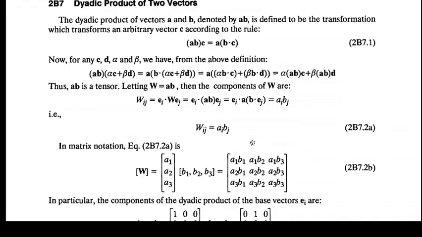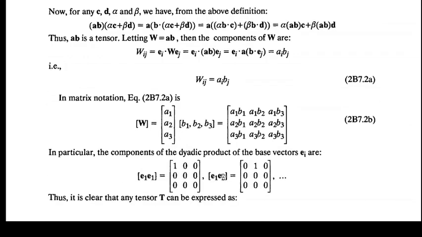It means the components of AB can be written as W11 equals A1 B1, W12 equals A1 B2, and in matrix form, W is equal to A B, a column matrix times a row matrix.